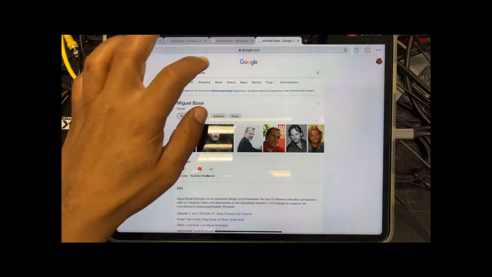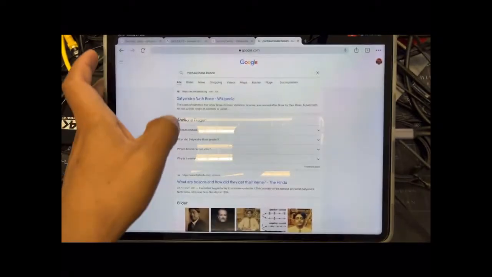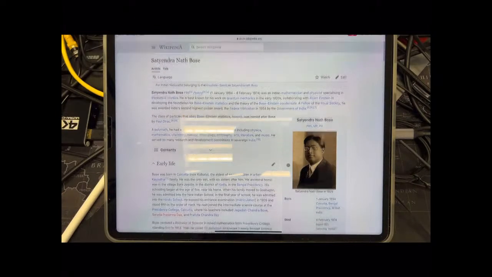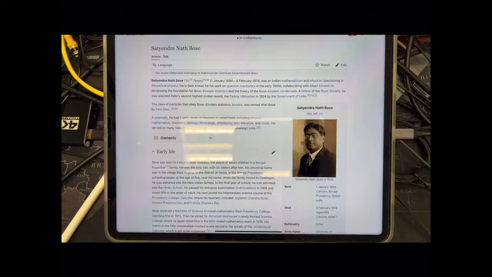Satyendra Nath Bose was an Indian physicist, and boson comes from Bose. He was quite intelligent. He studied only in India, and he found something in physics in the same generation as Albert Einstein.